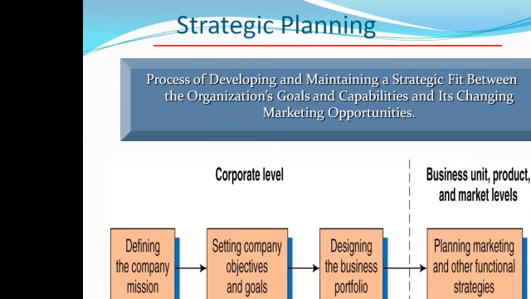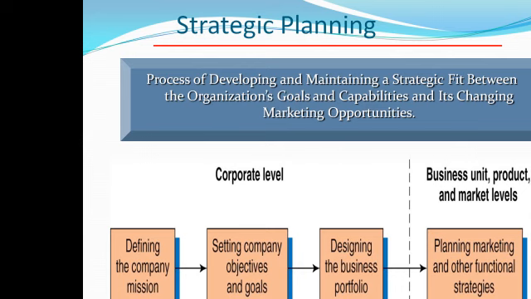As I mentioned earlier, you have to look at strategic planning from two different points of view. One is defining the company mission. At the corporate level, the board of directors sit and define what our company mission will be.